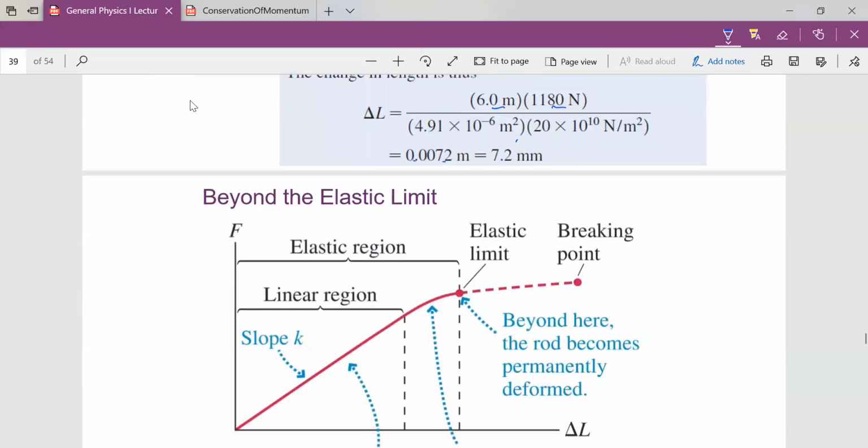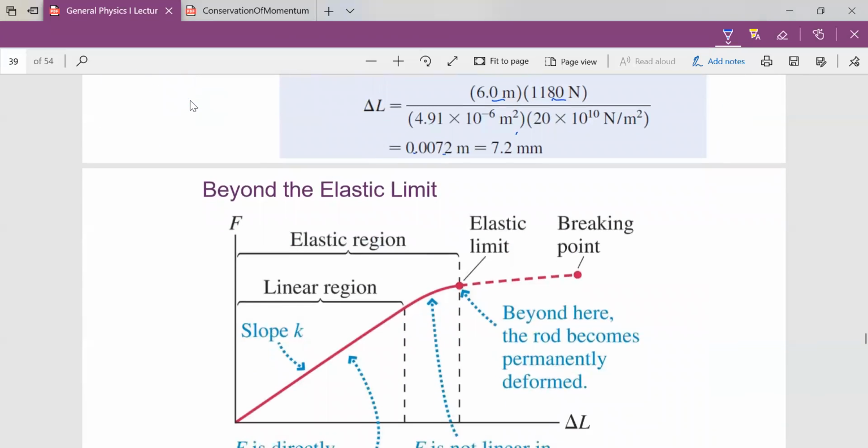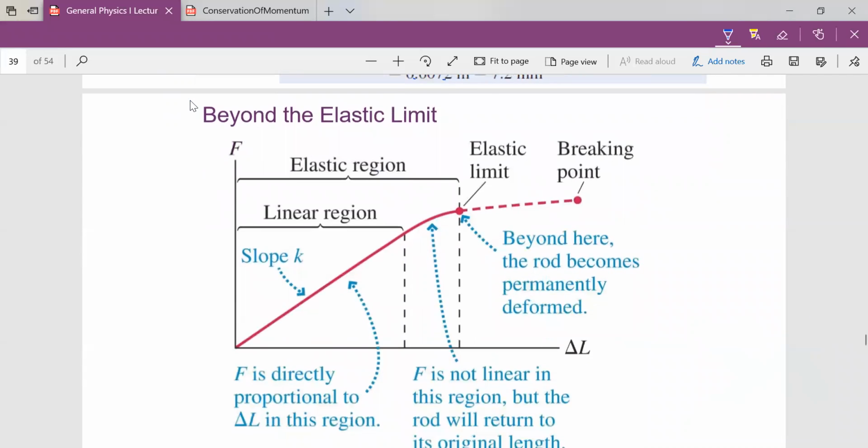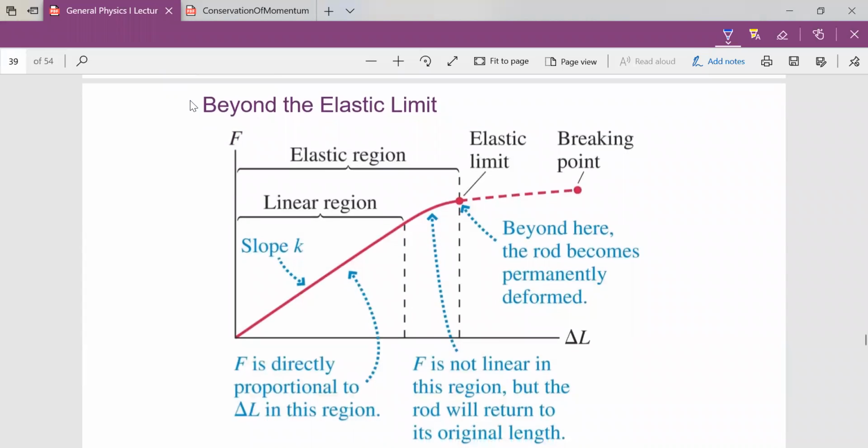All right, so we'll move on to the next thing we'll discuss today, which is beyond the elastic limits. Now, we have seen that materials can compress and they can stretch.